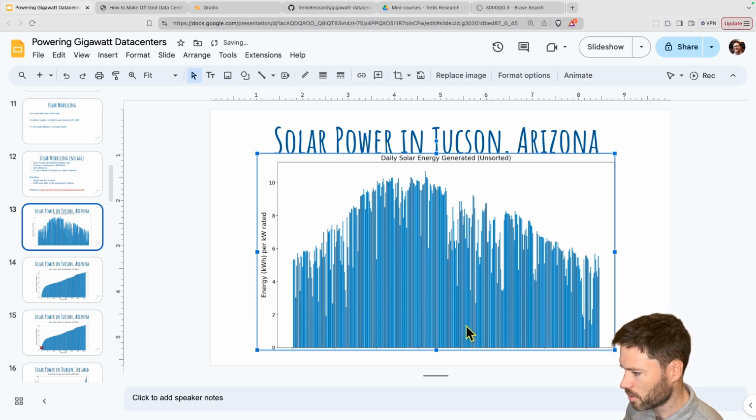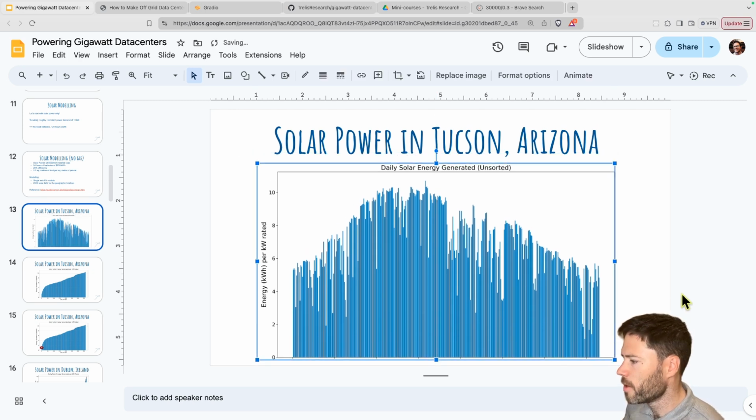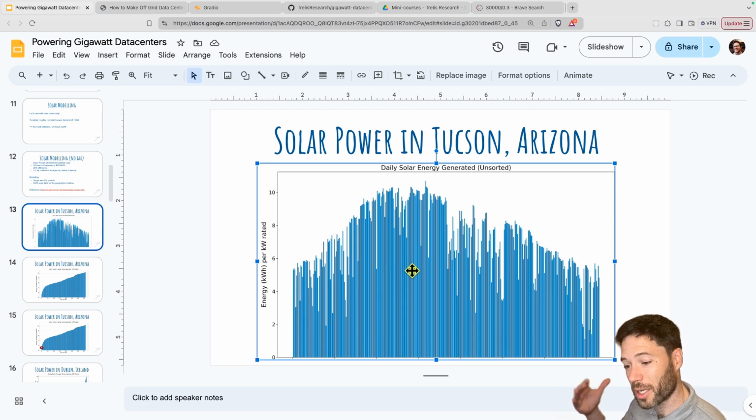You can get a distribution of summertime here. And then as you move away from summer, you're getting low levels of sun. But because this is relatively close to the equator, there's not too much of a difference between the sun and the winter months, which we'll see later is pretty significant in terms of helping us to keep down the size of the solar array that we will need.